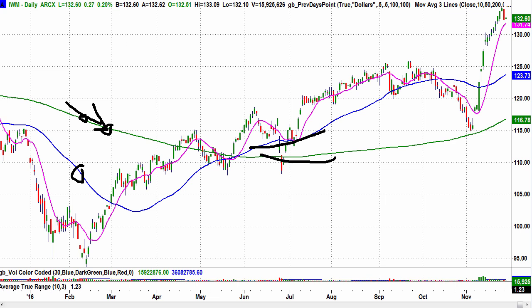But you don't always want to wait for a phase change. So here's a phase change. Here's a phase change. You don't always want to wait for a phase change to determine a trade entry, especially if you know this. And this is a simple concept which I call close and continue.